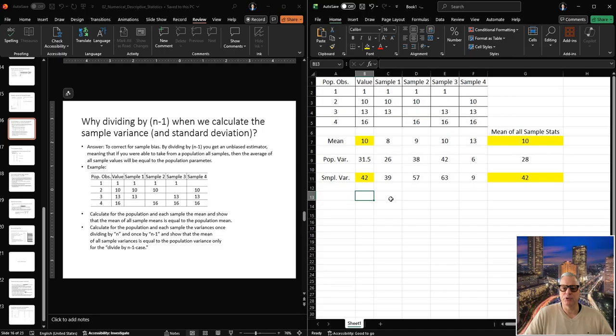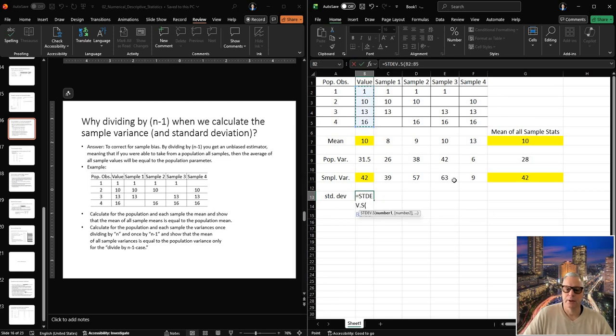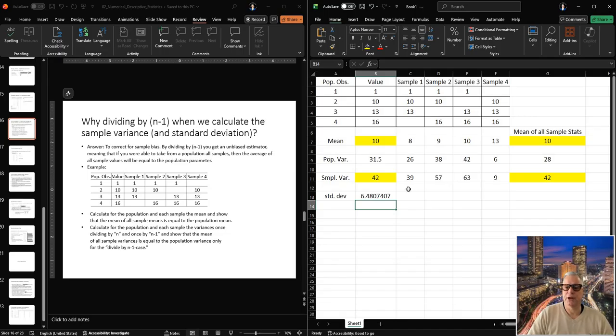I leave it up to you to see that when we enter the formula for the standard deviation, it will not give us an unbiased estimator. Actually, I can do it quickly. Standard deviation. Now we would use the formula STDEV.S. For the population, that is 6.48.